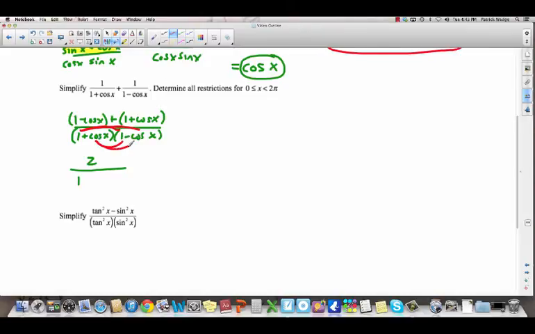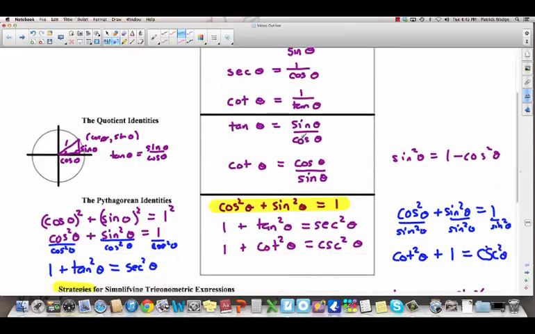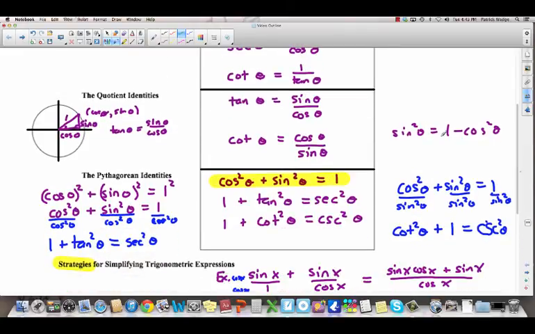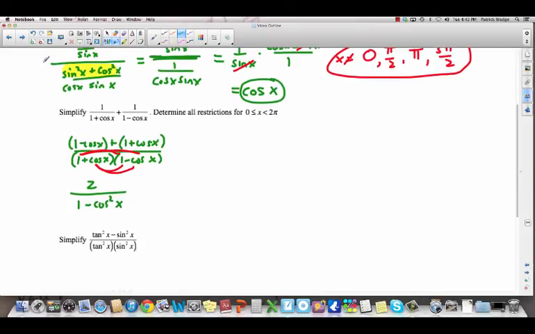And then cosine x times negative cosine x is negative cosine squared x. Okay, 1 take away cosine squared x. That looks encouraging. Let's go back and look. 1 take away cosine squared x. Yeah, there it is, right? 1 take away this cosine squared x, just like we did before. It's the same as sine squared x. So what we have left is 2 over sine squared x.